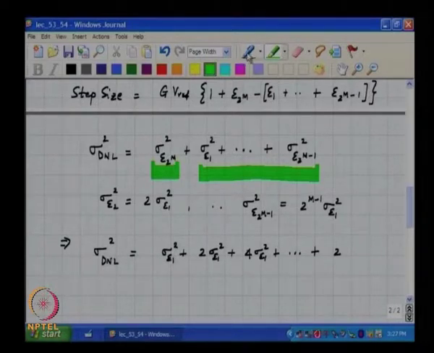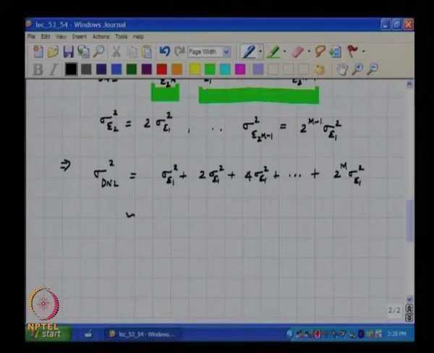So, this must be therefore 2 to the m times sigma E1 square, and this summation is approximately 2 to the m plus 1 sigma E1 square.